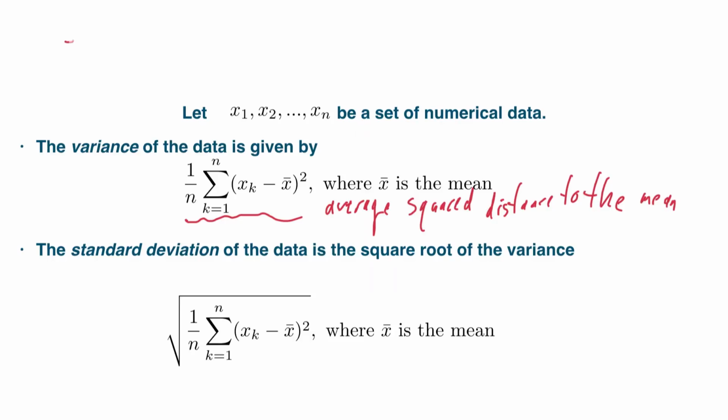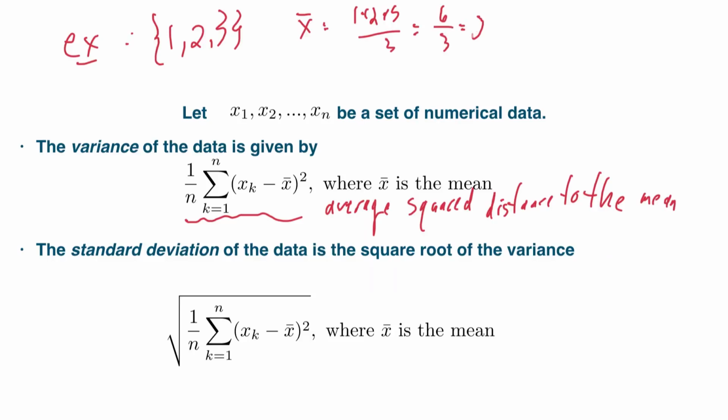So for example, if my data points are 1, 2, and 3, then the mean x bar is 1 plus 2 plus 3 divided by 3. So 6 over 3, which is equal to 2. And then the variance is 1 divided by 3 because I have 3 data points.